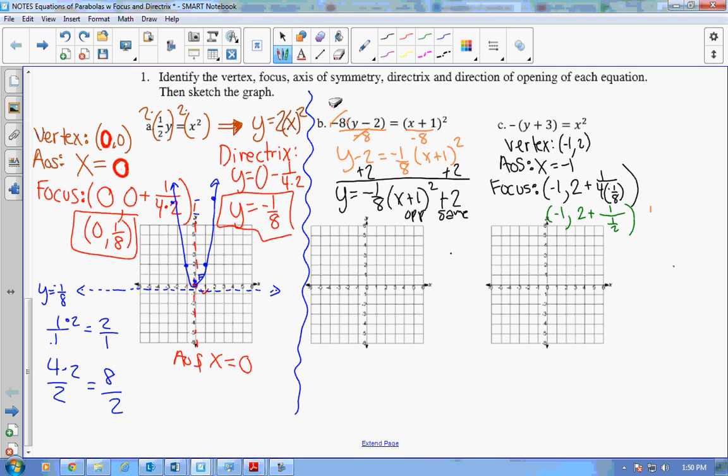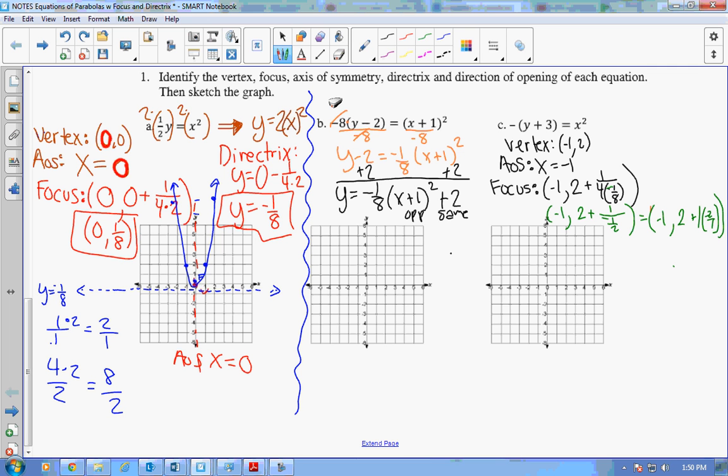Flip and multiply. So this becomes negative 1, comma 2 plus 1 times 2 over 1. Isn't that just 2? Oops, there's a negative.